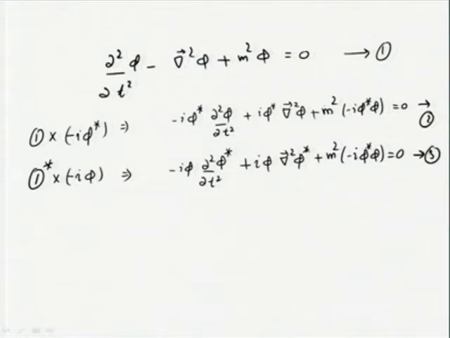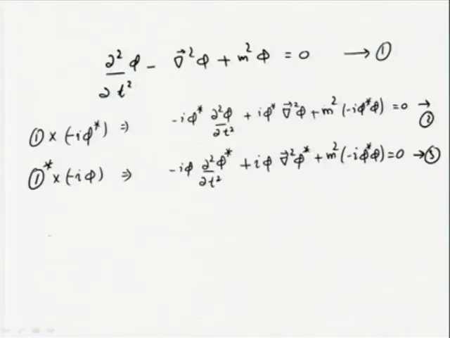Now, equation 2 minus 3 will give me, all right, let me write it here, 2 minus 3. The m square terms are identical, so they will cancel out.